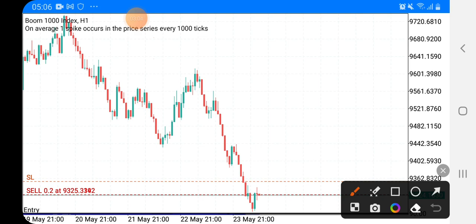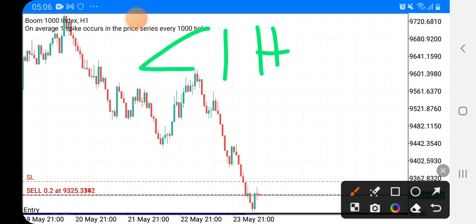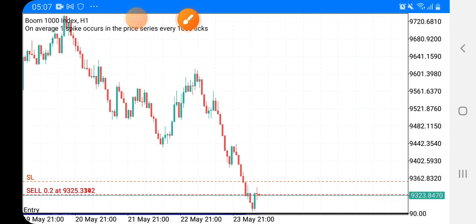So for me personally, I will never use candlestick patterns on lower time frame from below 1 hour. Anything less than 1 hour, I am not going to be using candlestick pattern. I will use maybe chart patterns or other indicators, anything for my confirmation of my entry. So this is very important.